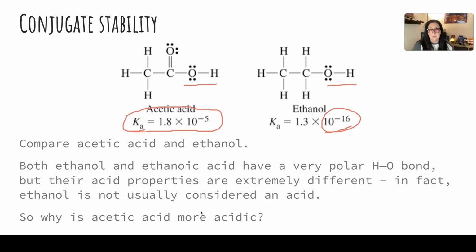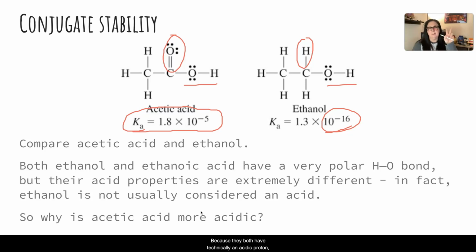Why? What is the deal? Why does that make such a big difference? It goes directly to the conjugate stability. Since they both have a hydrogen attached to an oxygen, you can't make an argument about the first thing we talked about, which is what type of proton it is.